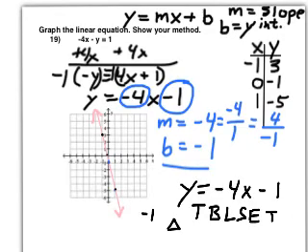So the change will be 1, and put both of the things for y and x, I forget what they're called, into auto. Then when you push table, which is second graph, table's right above graph, you'll get a table, and you get all the values you want. You can just plug in those values.